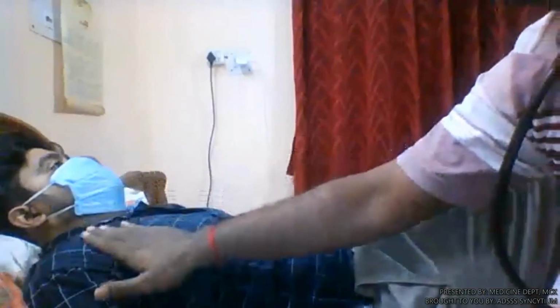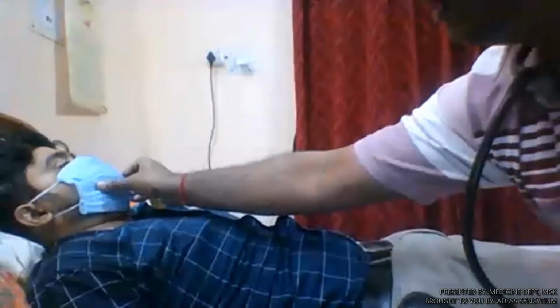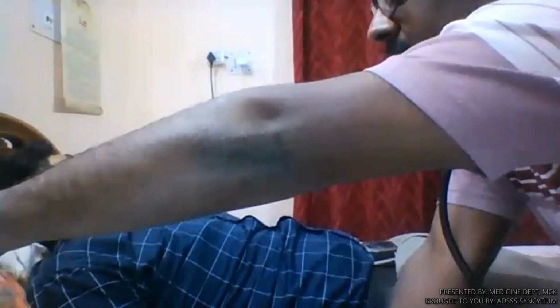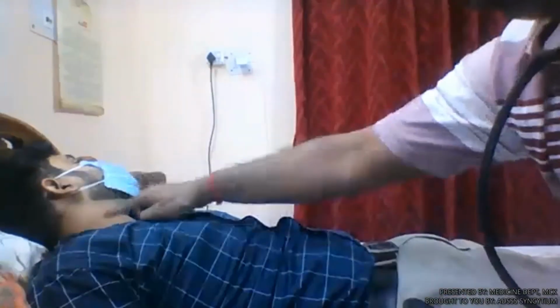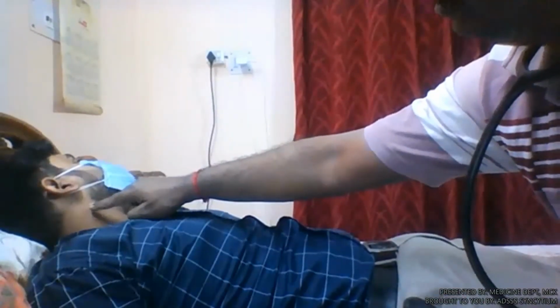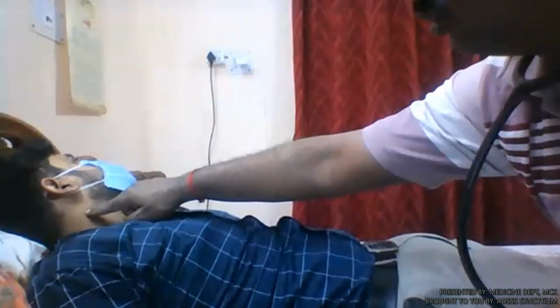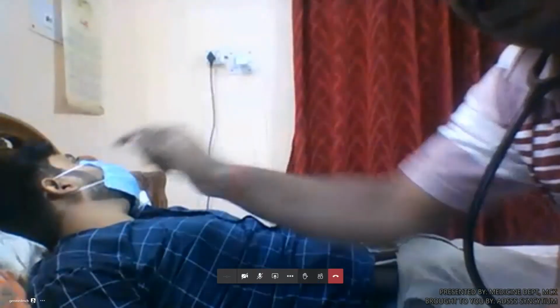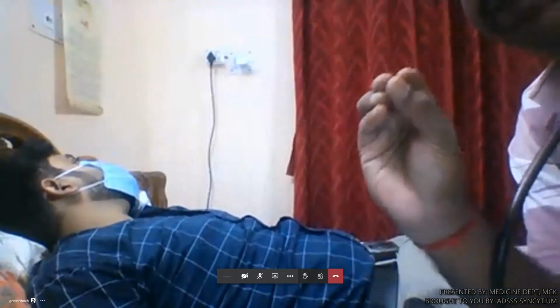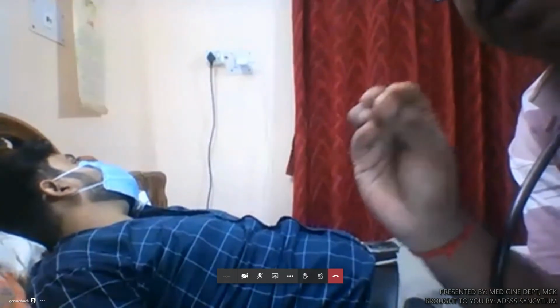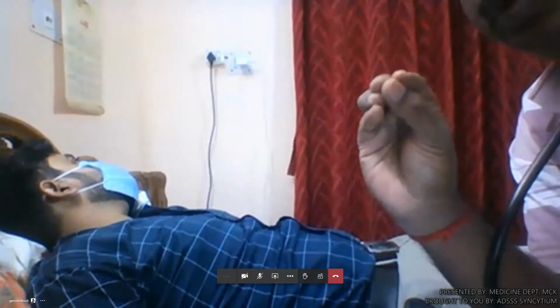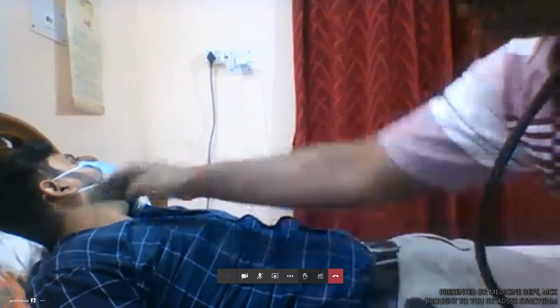So the patient will lie at a 45-degree angle, head on that side. You will direct a torch tangentially from this direction, and you will see the pulsation with double peak over the neck. And how will we measure how many centimeters of H2O the jugular venous pressure is?